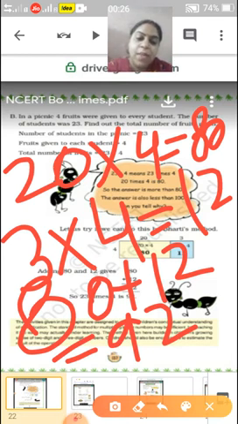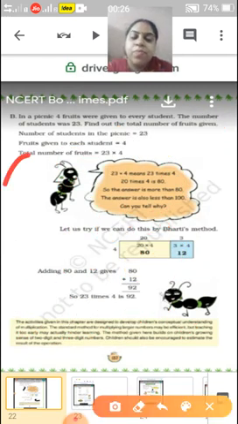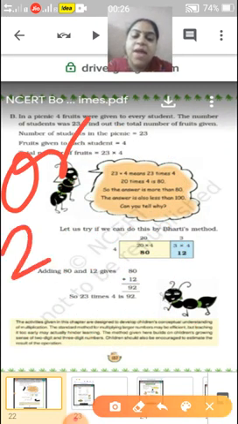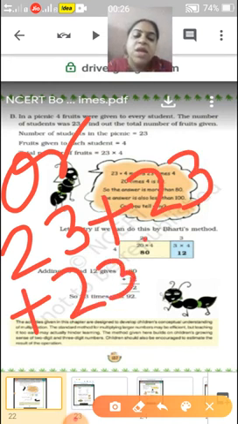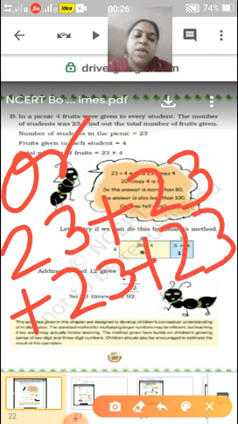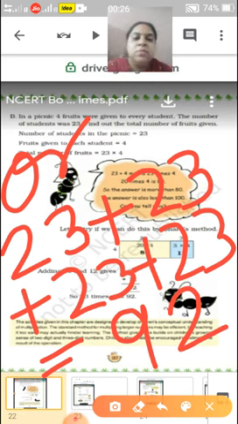Okay. Or we can write this as 23 plus 23 plus 23 plus 23 is equal to 92. Okay.